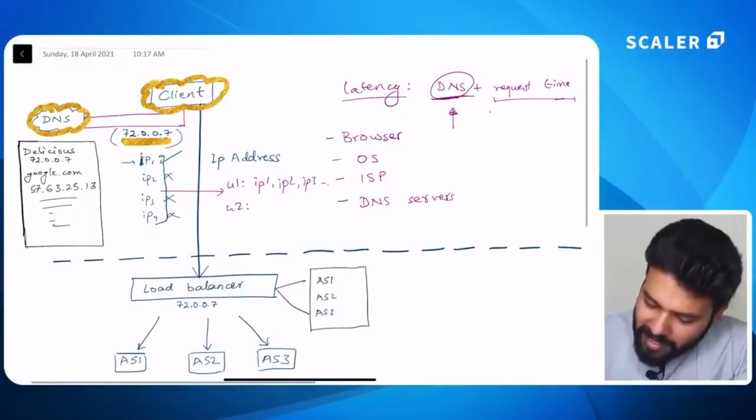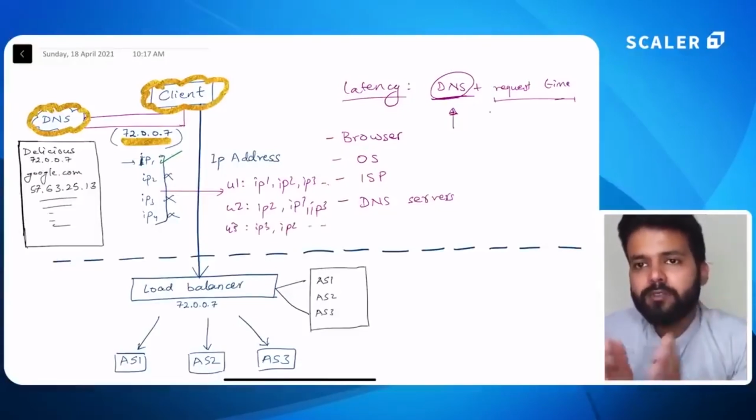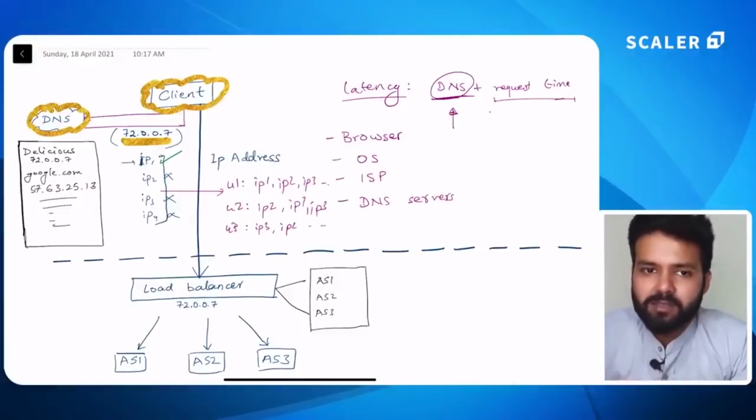User 2 gets a slightly different order like IP2, IP1 and IP3. User 3 gets a list like IP3, IP2 and so on. This way, I have successfully distributed the load to my available instances, right?